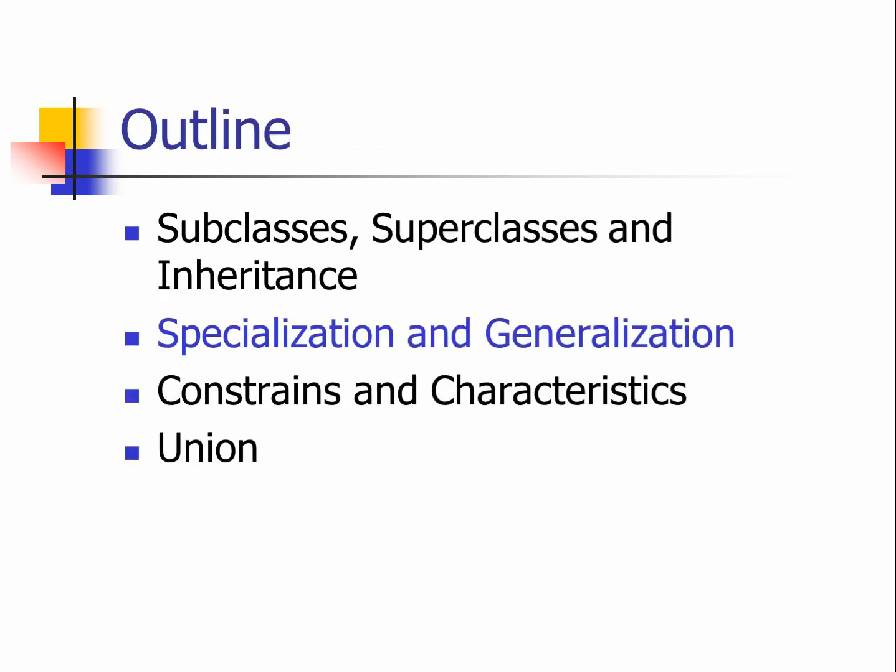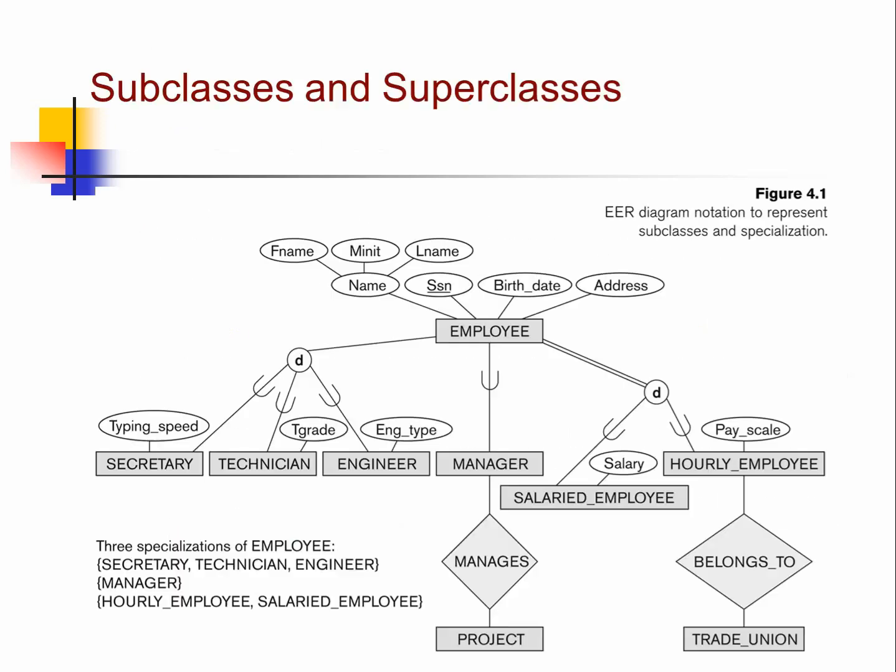If we look into the slides one more time, if I ask you what are the attributes describing the secretary, they will include the local attribute that only exists in the subclass, which is typing speed, plus name, social security number, birthday, and address.